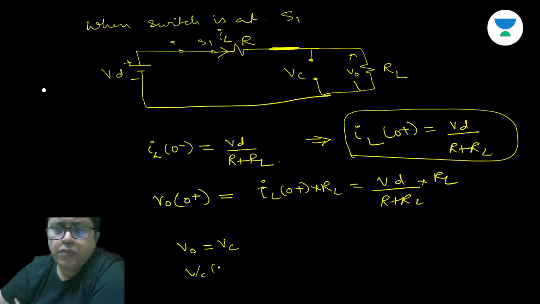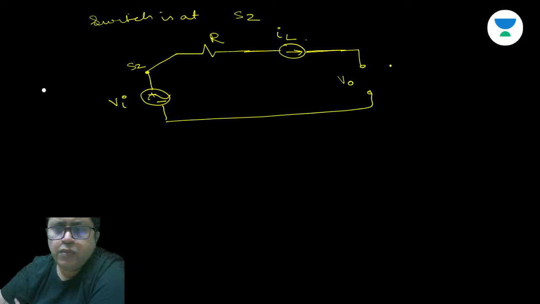So Vc(0+) is equal to V0(0+), that is equal to VD RL upon R plus RL. This will be RL.